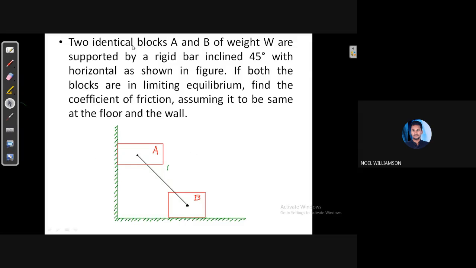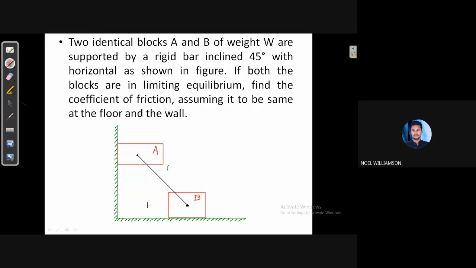So now the question here, it is given as two identical blocks A and B. So A and B are identical blocks, similar in shape and also weight. They have the same weight, capital W. They are supported by a rigid bar inclined at 45 degree with the horizontal.